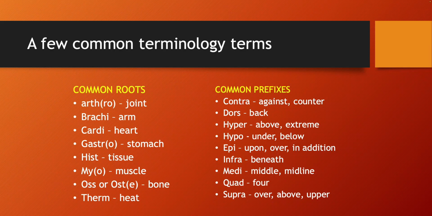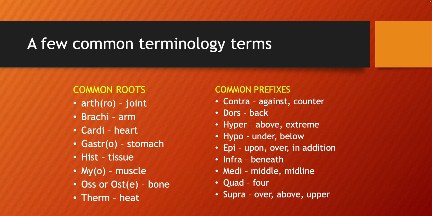So if I'm talking about the dorsal side of something, I'm talking about the back of it. Then we have hyper and hypo. Hyper means above or extreme. Hypo is the opposite of that, under and below. So somebody who has hyperthyroidism tends to have too much of the thyroid hormones, and hypo, too little.